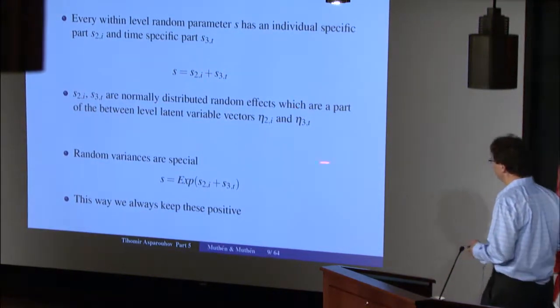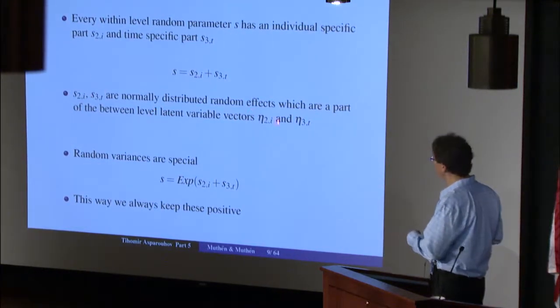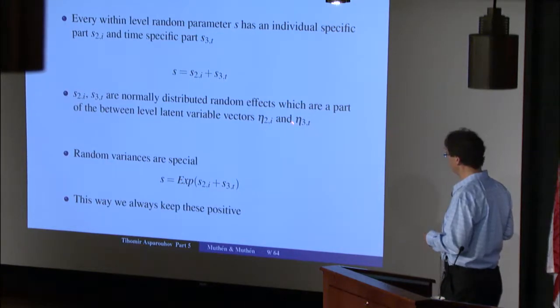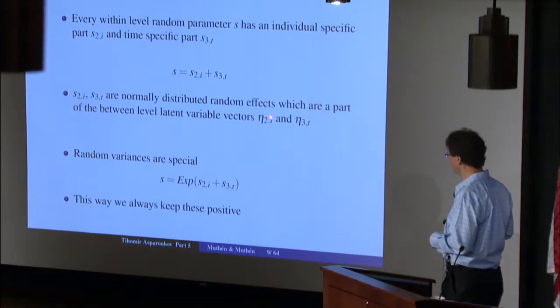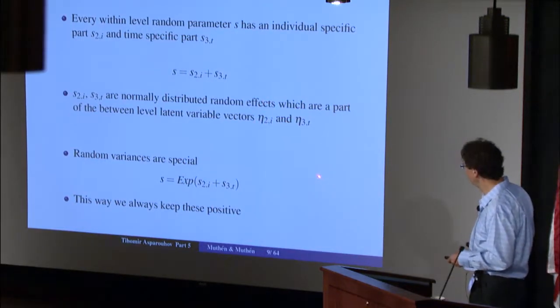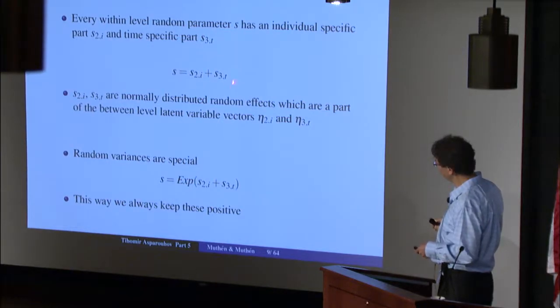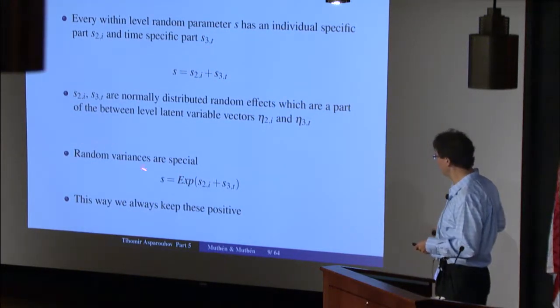And those are assumed normally distributed random effects and are technically considered to be latent variables on those between levels. And so they're part of these latent vectors on level 2 and level 3. So this is basically the main decomposition for a random effect, for all the random effects except the random variances.